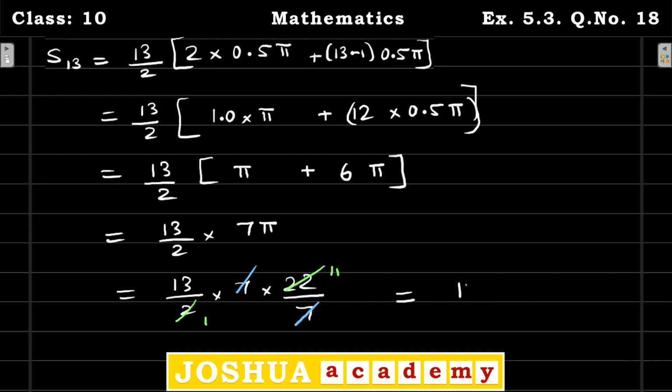So the answer is 13 into 11. If we multiply separately here, it's not necessary, you can do it directly, but I'm doing it for you. That gives 143 centimeter. The question asks, what is the total length of the spiral made up of 13 semicircles?